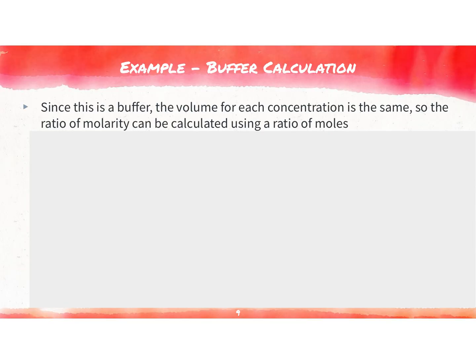Now the workflow for this is, step number 2 is to use the Henderson-Hasselbalch equation, which, as a reminder, is pH equals pKa plus log of the concentration of A minus over the concentration of HA.